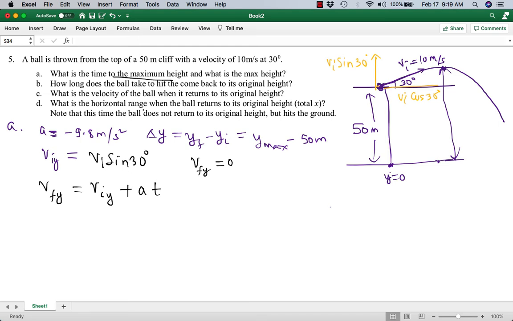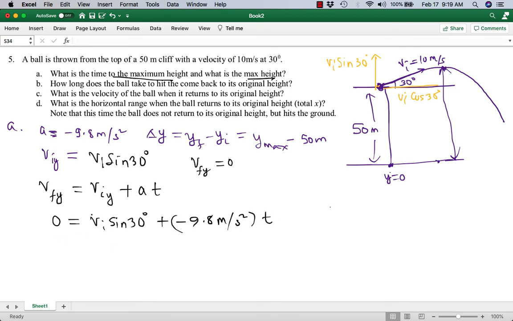Actually, to find the time, yes, we need to use the formula that has time, because I thought it's only asking for the maximum height, but for time let's use this one. So this is 0, this is vi sine 30 degrees, plus a is negative 9.8 meters per second squared, and t.